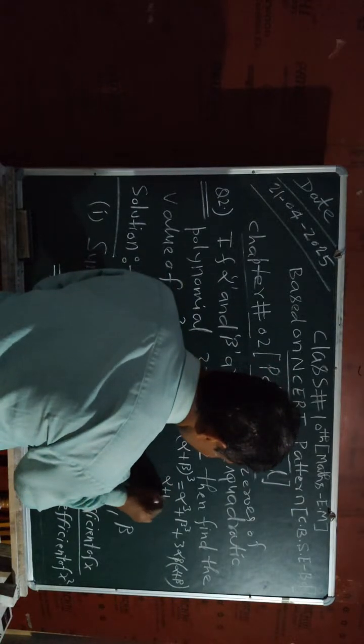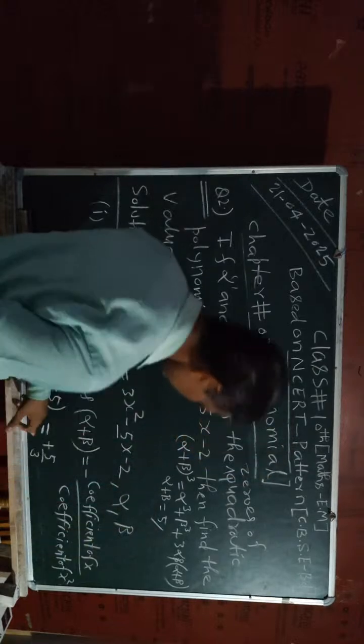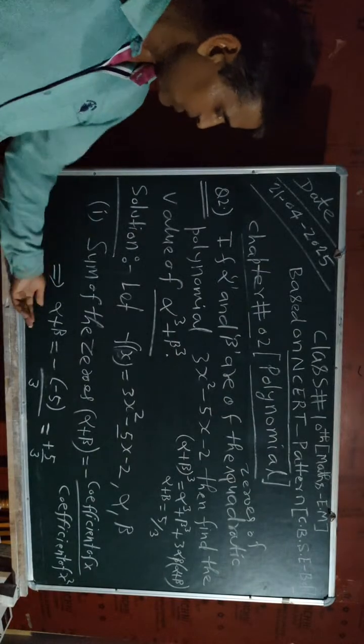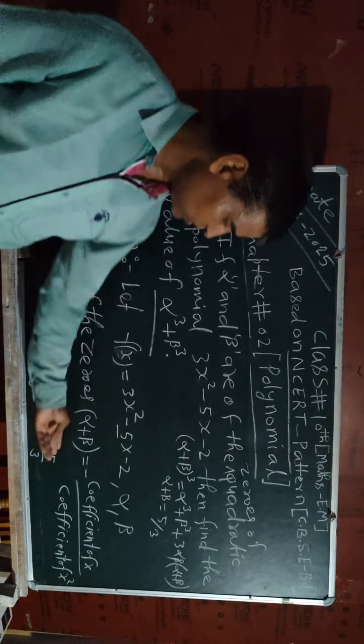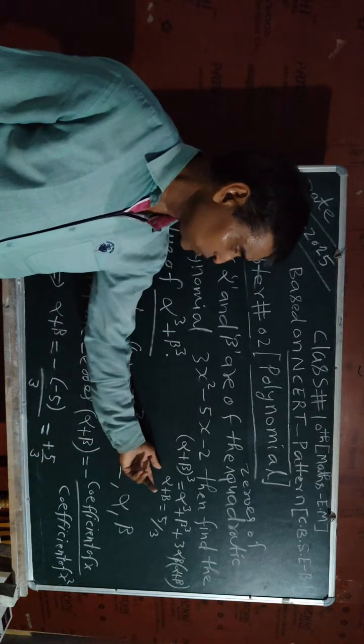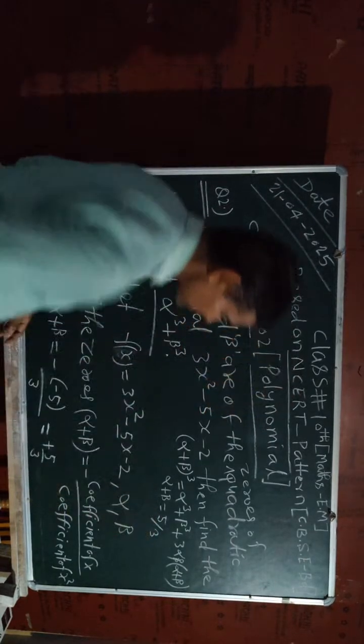Alpha plus beta is equal to 5 divided by 3. Because this is information number 1, I have got the value of alpha plus beta equal to 5 divided by 3, and I am going to save it because I will utilize it further. Therefore, I have to save it here for further use.